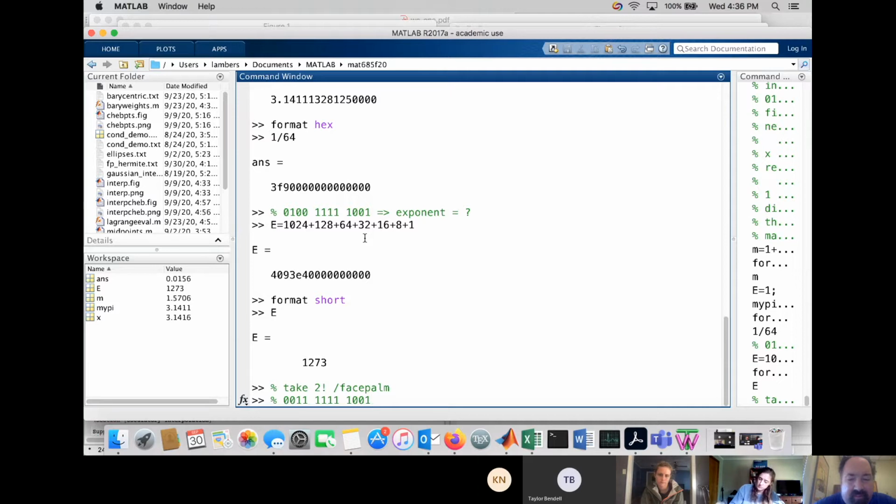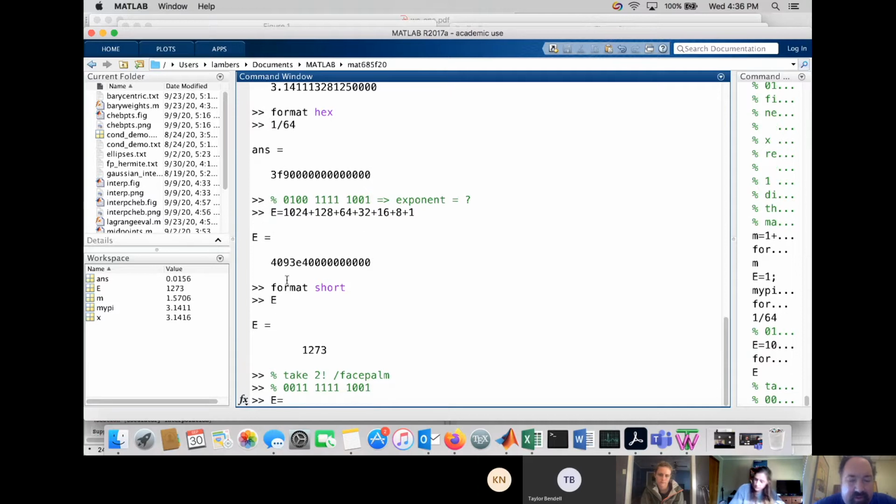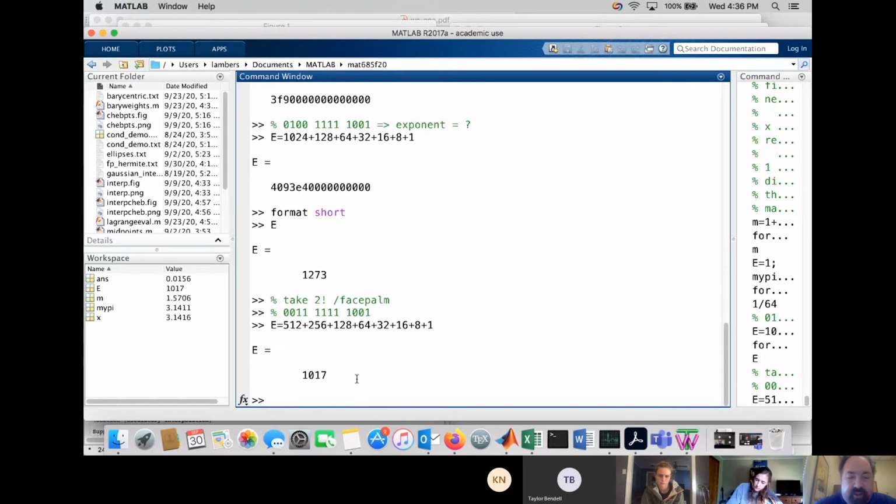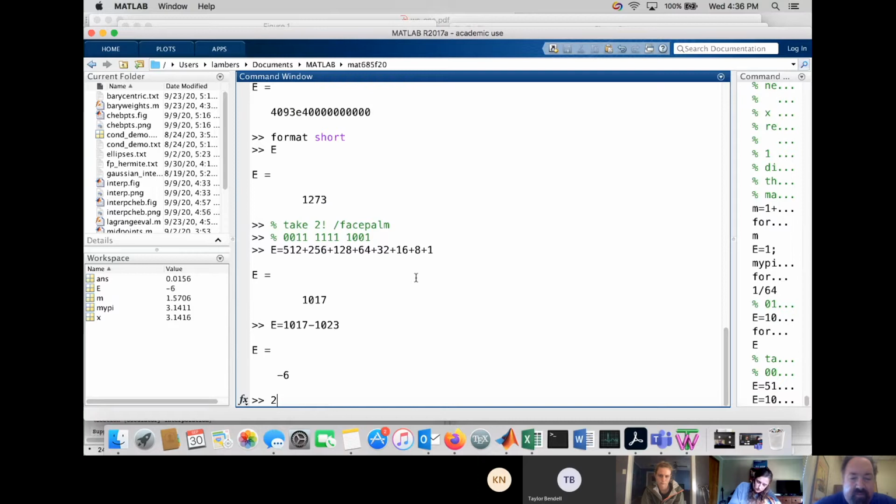Okay, so the exponent is equal to... this is 0, 1, 2, 3, 4, 5, 6, 7, 8, 9. 2 to the 9th, which is 512, plus... all these powers of 2, so 9, 8, 7, 6, 5, 4, 3, plus 1. Okay, that makes more sense. Now the actual exponent, I have to subtract 1023 from that, and I get minus 6.